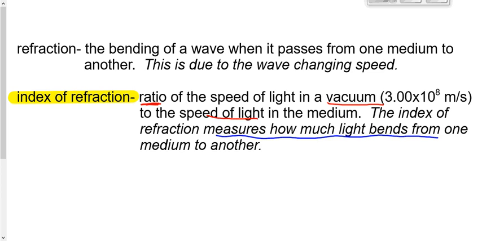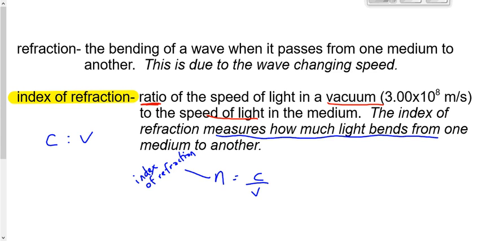So in other words, it's the ratio of C, the speed of light in a vacuum, to V, the speed of light in the medium. Now we're going to write that mathematically as an equation, an equation, by the way, that does not appear on your data sheet. We're going to say N, which is the index of refraction, is going to be equal to C over V.